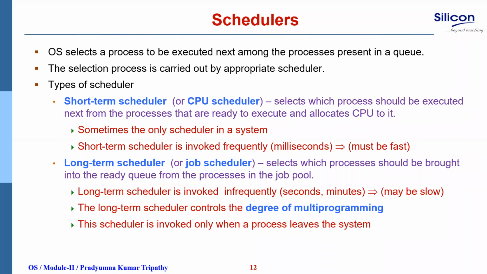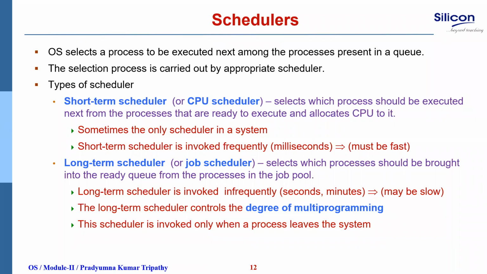In a queue, there are multiple processes, so the operating system has to select a particular process among many, and the control has to be given to the processor for execution. The selection is carried out by the appropriate scheduler. Which one will be selected is not random. It will be selected by a scheduler. A scheduler is a kind of program which will select a particular process.